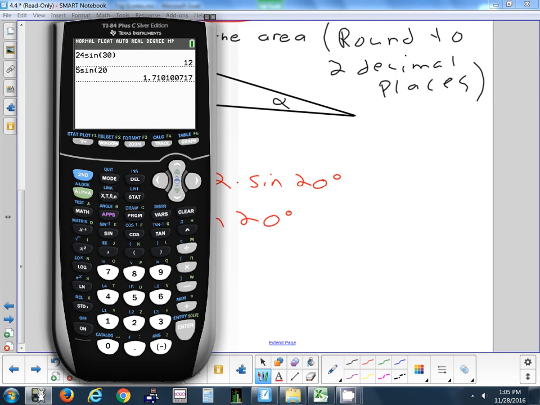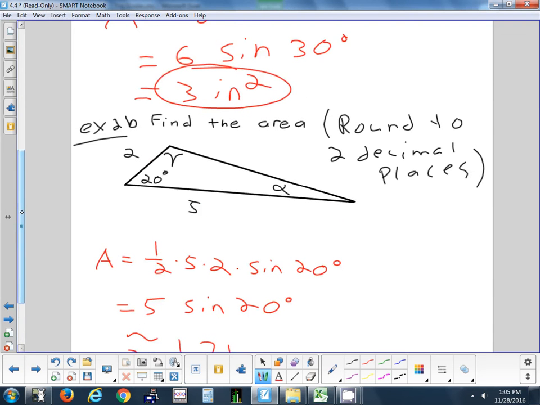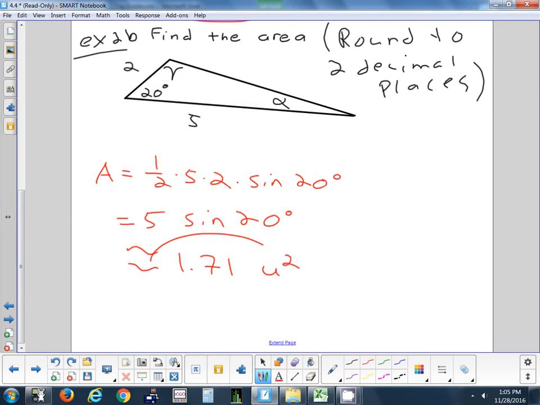Okay, people who tried typing that in, did anyone else get 1.71? Yep. Okay. Now I'm going to scroll up just to check if they gave me any units. Okay, I don't see any. So I'm just going to put square units. Okay, any questions on that?